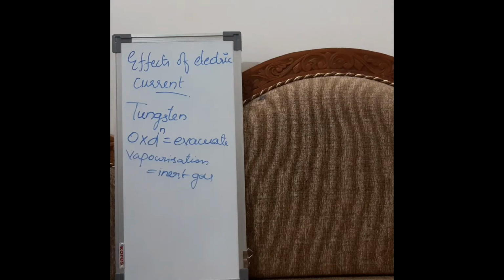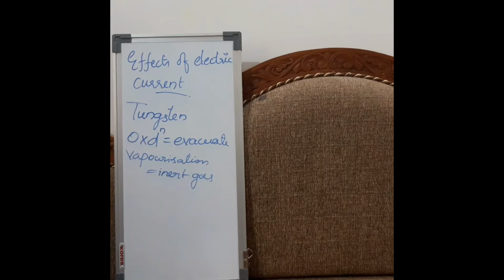Now, why is nichrome not used in filament lamps? Because nichrome emits red light. We have learned that nichrome becomes red hot very fast, so we cannot use it in filament lamps. Now, why are filament lamps not used these days? What is the disadvantage of filament lamps?